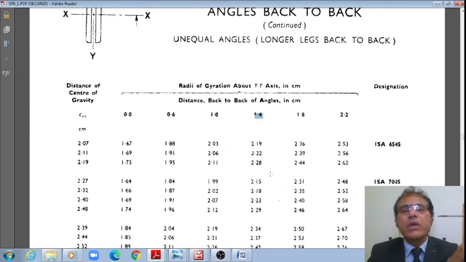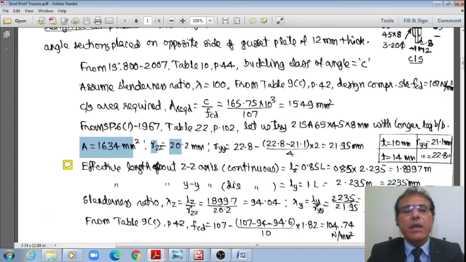Therefore, now what I'll do is I'll note down for 10 mm that RYY about the y axis is equal to 21.1, and for 14 mm that RYY is equal to 22.8. Therefore, now I'll interpolate. You can see I'm interpolating.